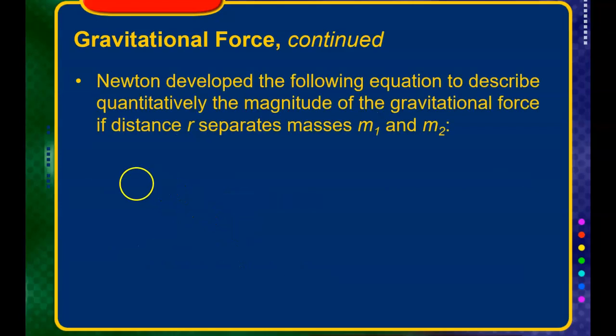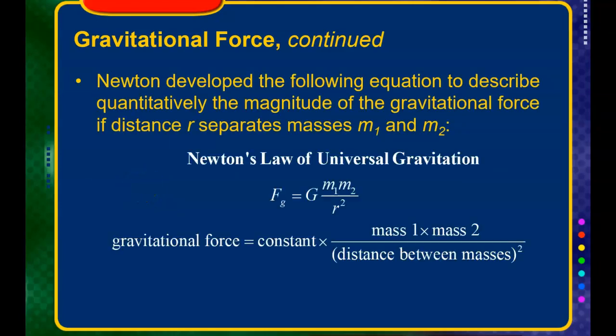Newton created this equation, which is called Newton's law of universal gravitation. The gravitational force between objects, and the same force on each object, is equal to a constant times the product of the masses divided by the distance between them squared. So the masses are proportional to the force.